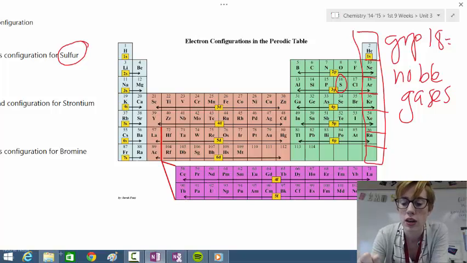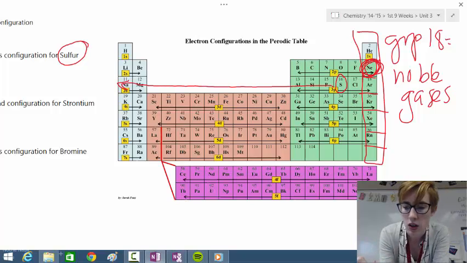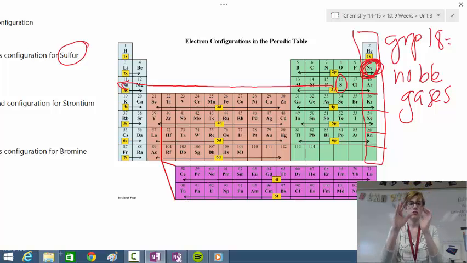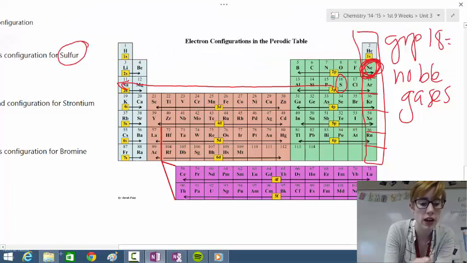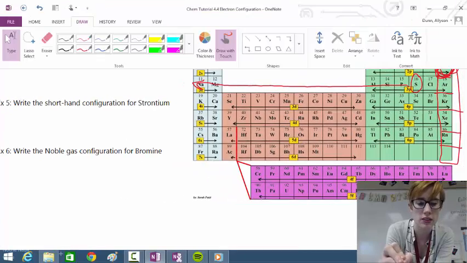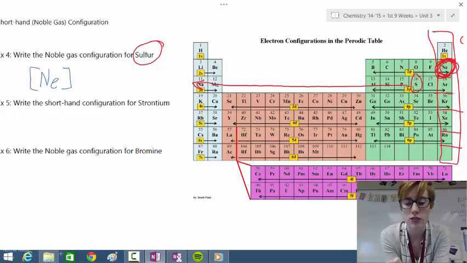So what was the save-the-game point that happened right before sulfur? Well, if we go all the way back, neon was the save-the-game point for sulfur. So what I'm going to do now is I'm just going to write down neon in brackets. I'm going to put a bracket. I'm going to put Ne for neon. And then all I have to do is write down the electron configuration from neon to sulfur.